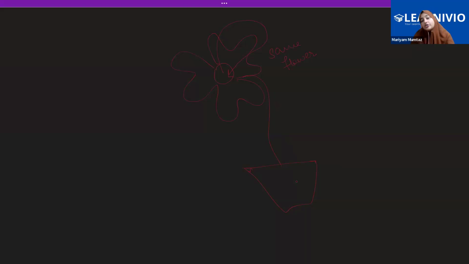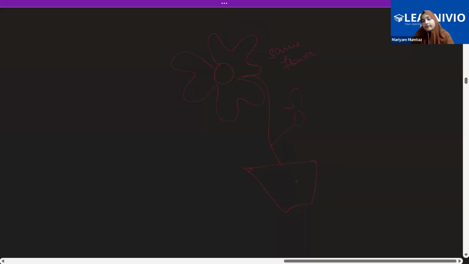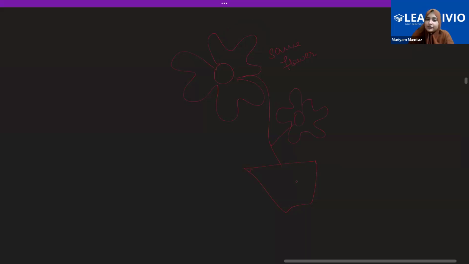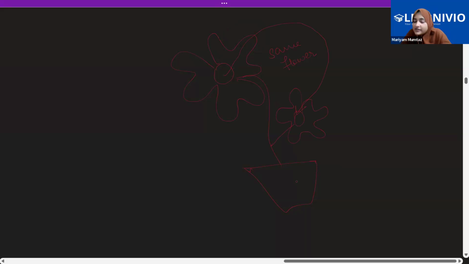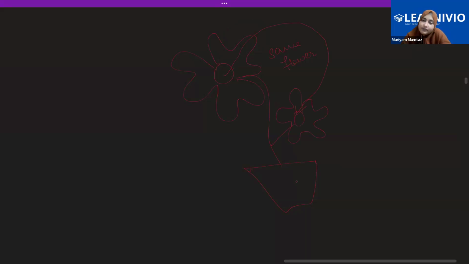Another case which could be in self-pollination is if there's another flower in the same plant. So pollen grains could be transferred from here to here, right? This is also self-pollination only. Why are we calling it self-pollination?